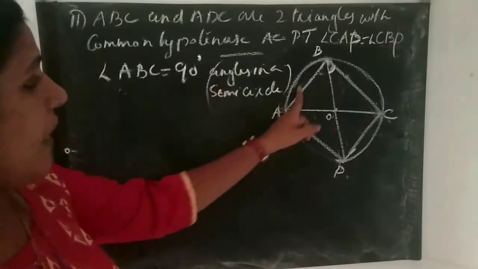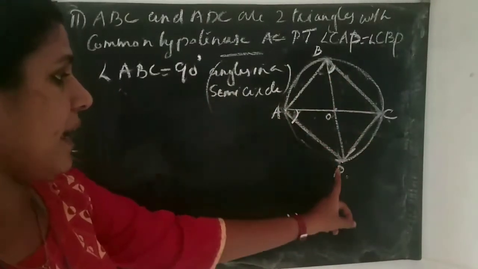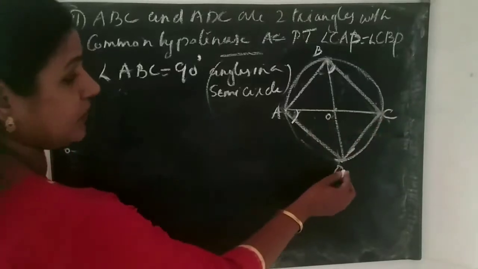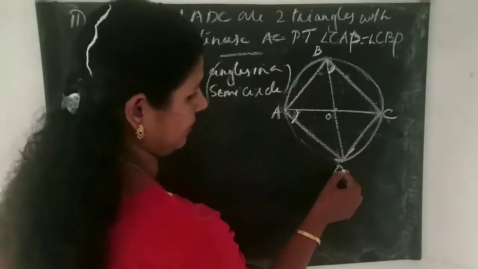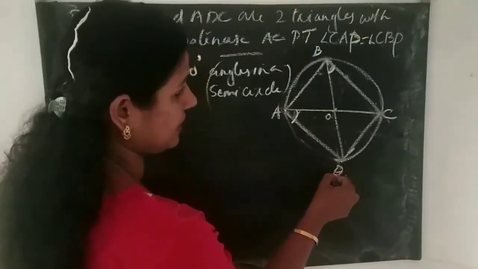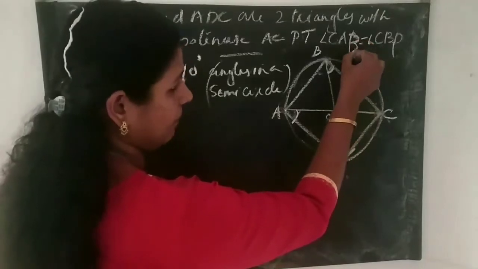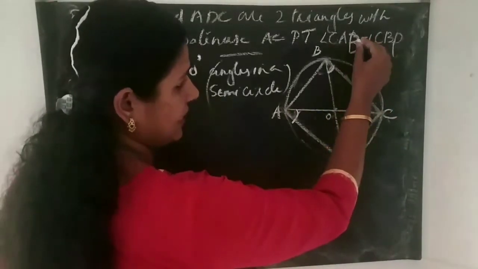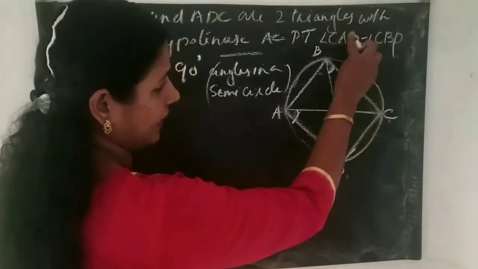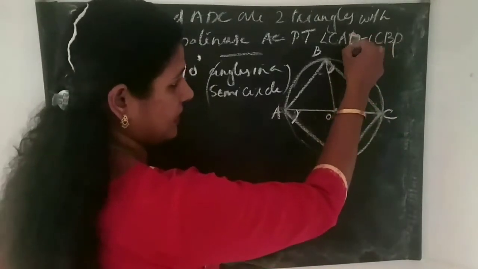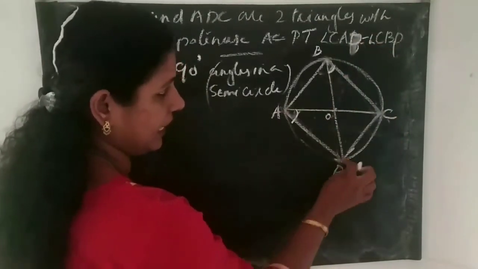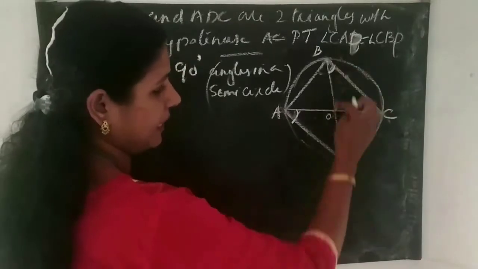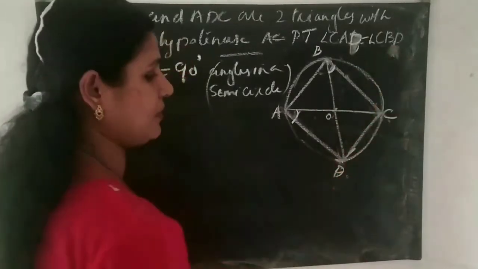So angle ABC equals 90 degrees, and angle ADC. Oh, this is D, not P. This is CAD and this is CBD. Oh, now it's okay.